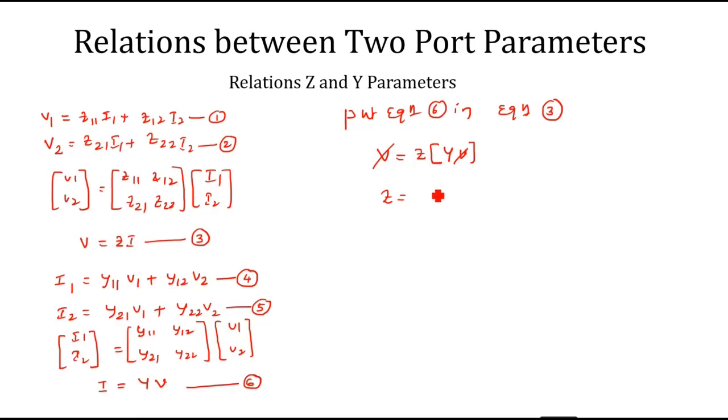Then Z equals 1 by Y. It is nothing but Z equals Y inverse, or Y equals Z inverse.